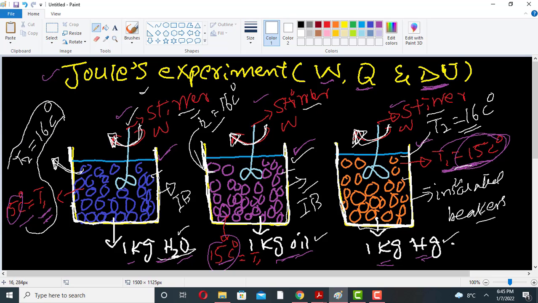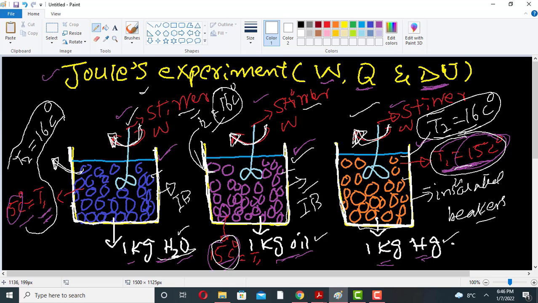So he said that when we apply external work on a system, then the temperature of the system increases. So Joule concluded from this experiment that when we apply some external work on a system, this work increases the temperature of the system.